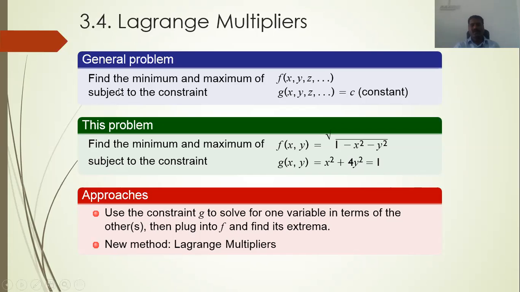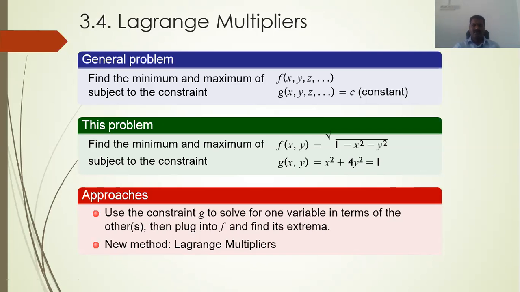the structure of a constrained optimization problem will be: find the maximum or minimum of f of x, y, z, and more variables can be there, subject to the constraint g of x, y, z equal to some constant c. There are many algorithms. One algorithm which is in our syllabus and which we want to discuss is Lagrange's approach.